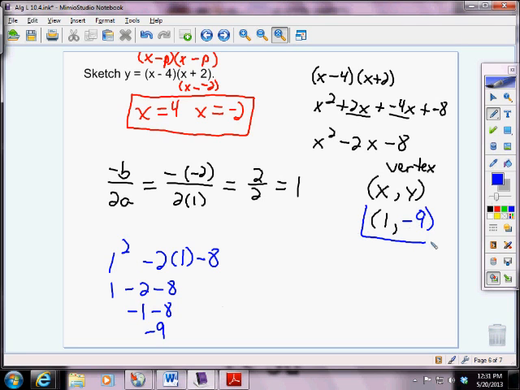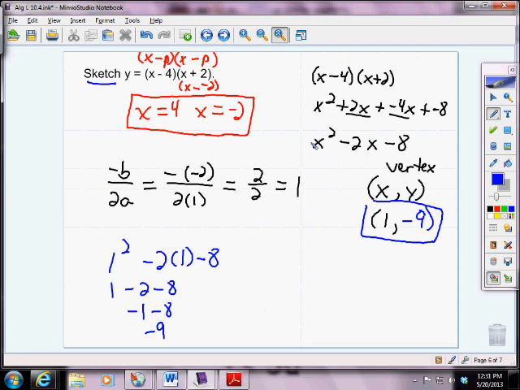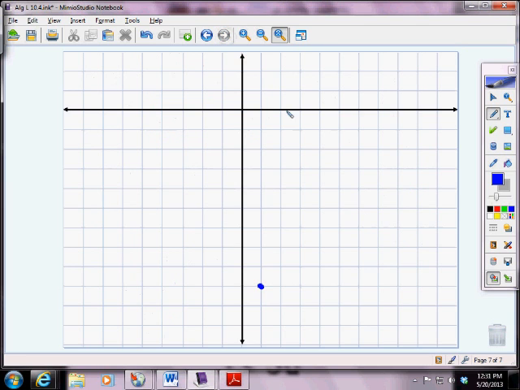So now we have a vertex. This is positive, so we know it's opening up, and we have where it's going to hit the x-axis. So let's sketch a graph. 1, negative 9. Okay, so if we look at your graph here, I'm going to sketch a point 1, negative 9. 1, 2, 3, 4, 5, 6, 7, 8, 9. I know it opens up because this is positive, and I'm going to sketch the points, the x-intercepts, for 4 and negative 2.